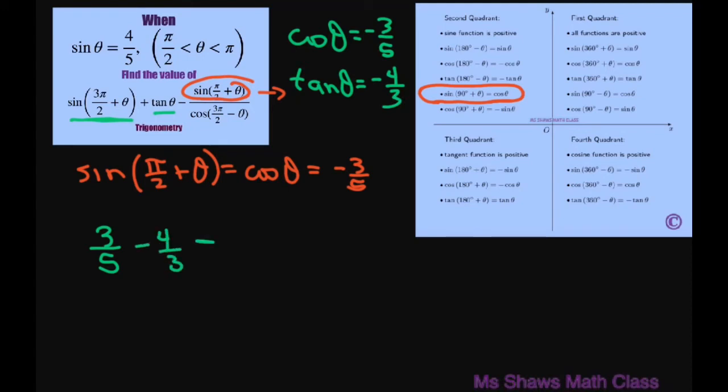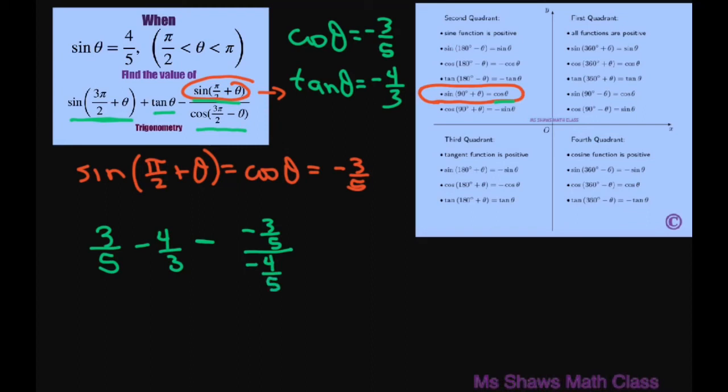Then we have minus sine of pi divided by 2 plus theta, that was cosine, so that's going to be negative 3/5. And this one right here was negative 4/5.